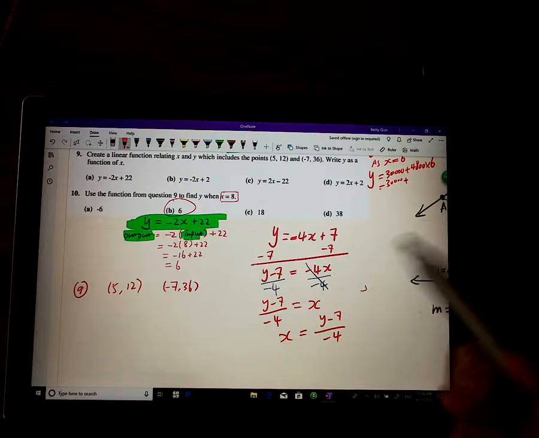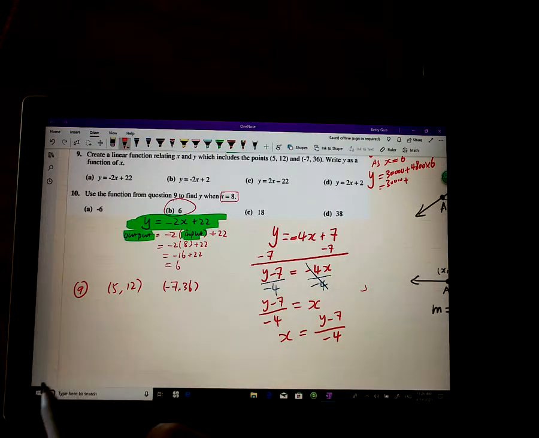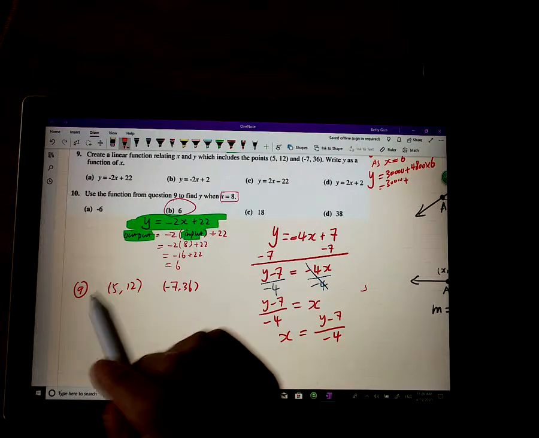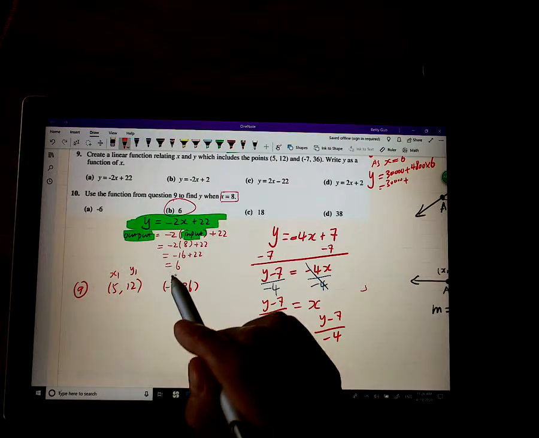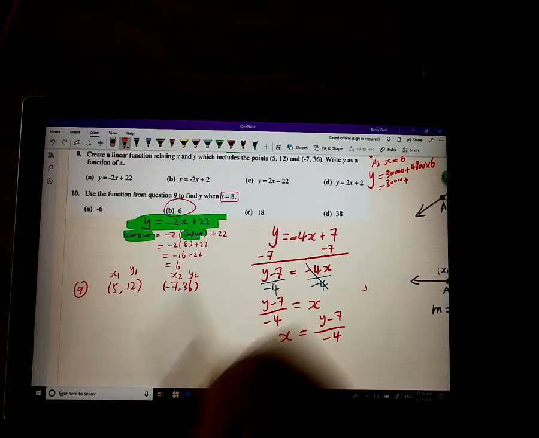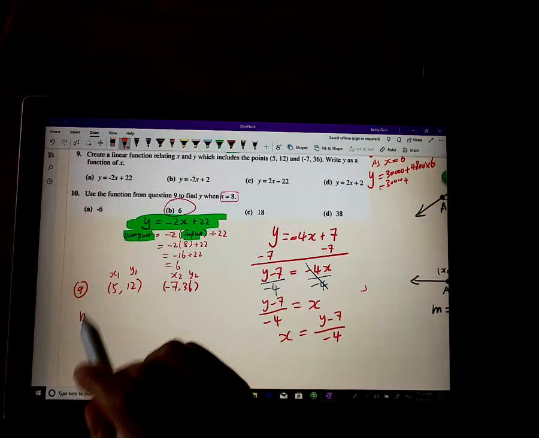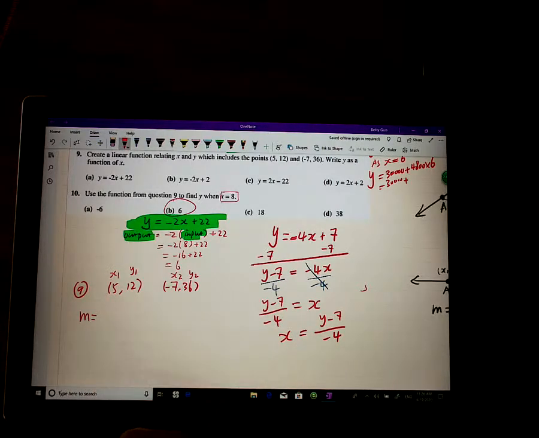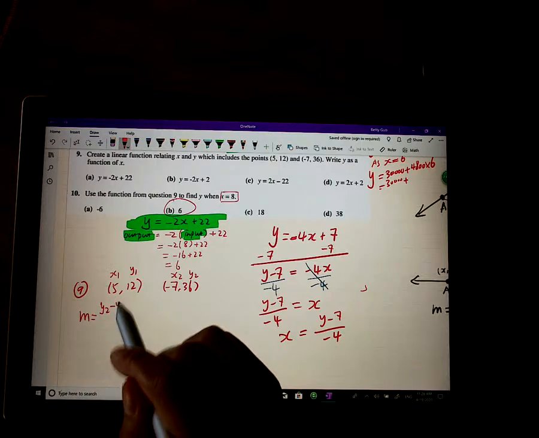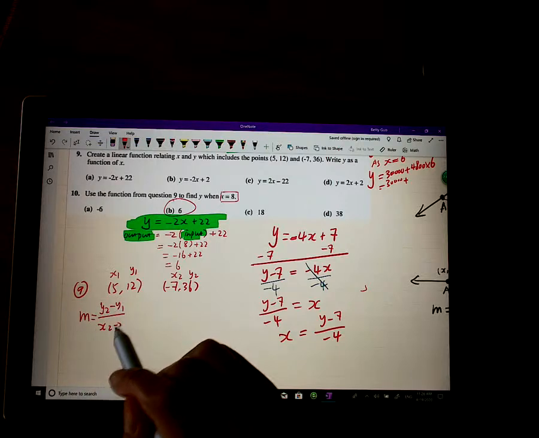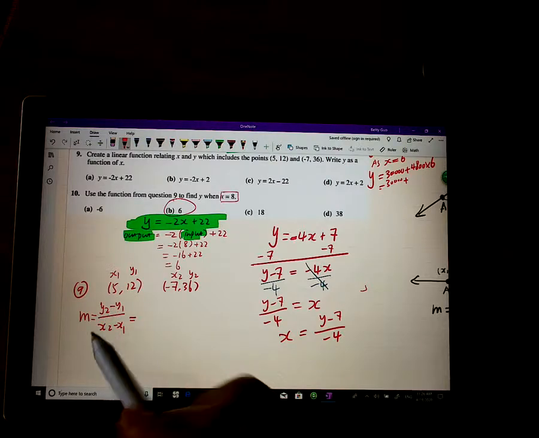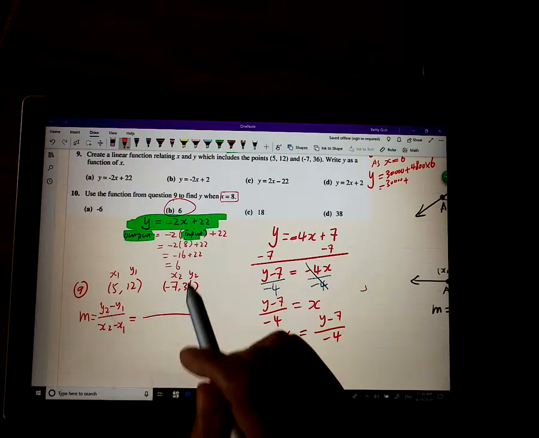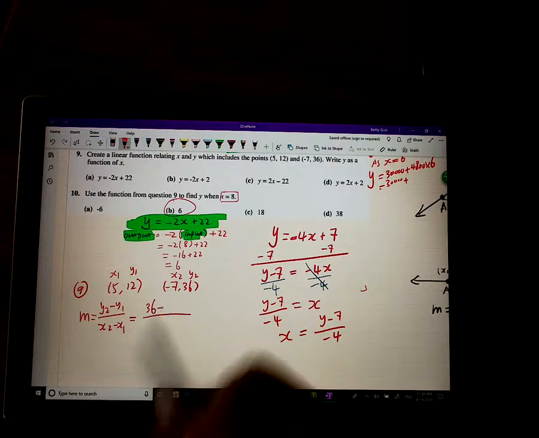Let's see how do we find the slope for the straight line. I have a 3-step method. Step 1, label x1, y1 for the first point. Label x2, y2 for the second point. Step 2, find the formula. m equals y2 minus y1 all over x2 minus x1. Slope is the rate of change in y over change in x. Value of y2, 36.